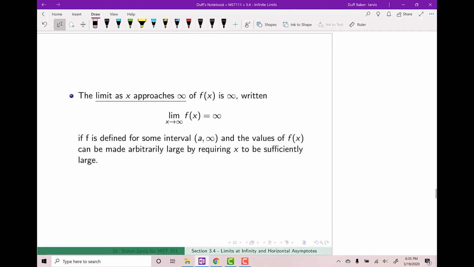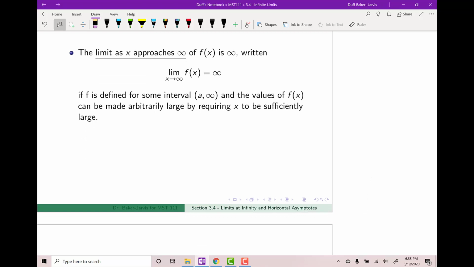Another thing that can happen is that as you go off to infinity, the function doesn't settle towards a single number, but it also doesn't bounce between various numbers like cosine did. Maybe you have x cubed.